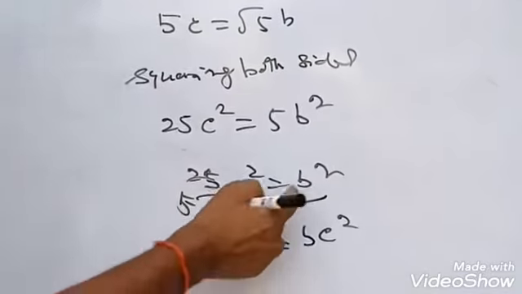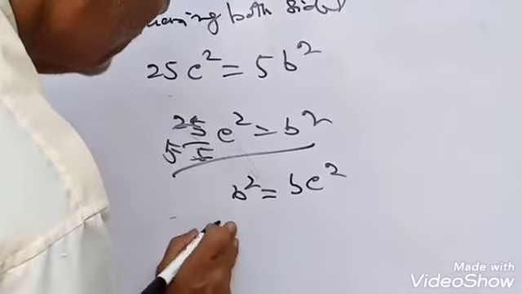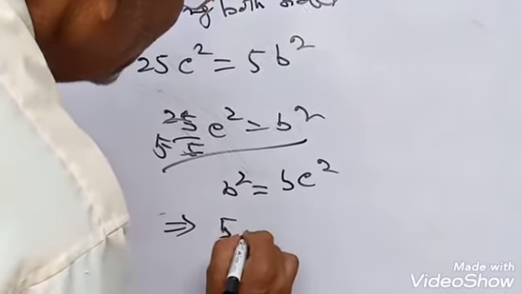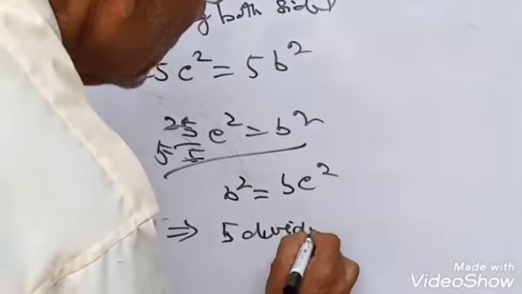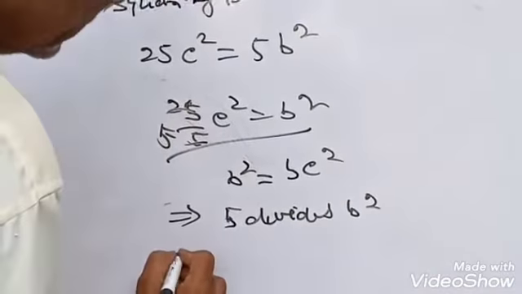From here, this implies 5 divides b square.